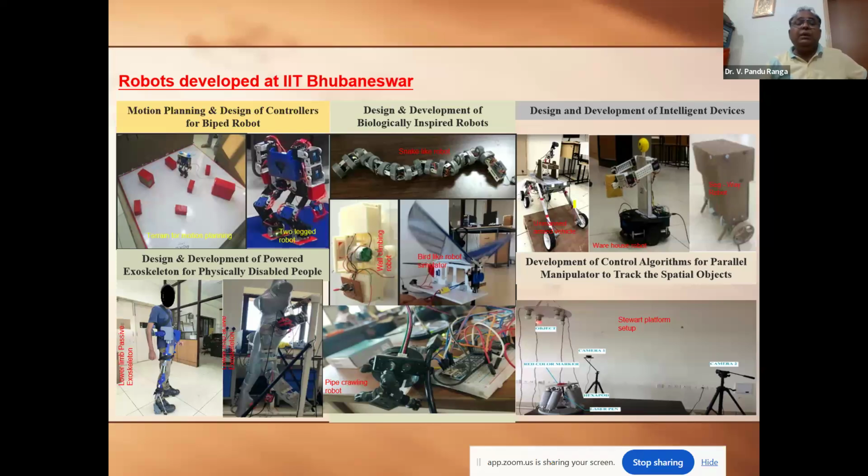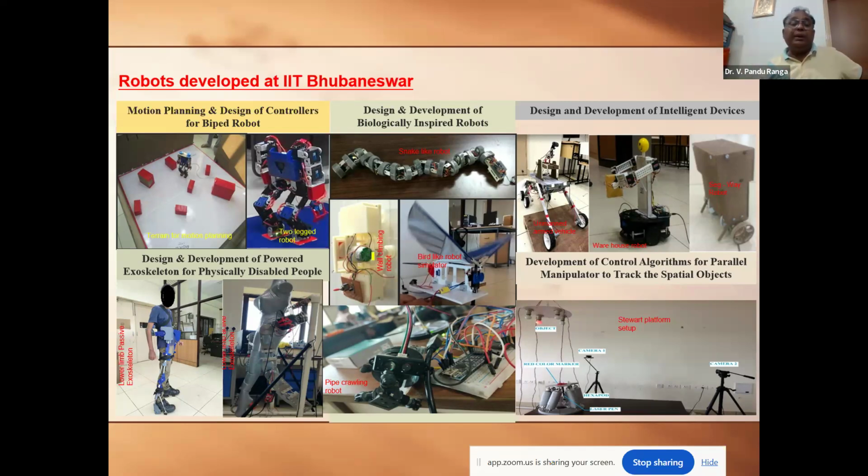And these are some of the robotic developments at IIT Bhubaneswar, as the Professor said during my introduction. There is one wall climbing robot.